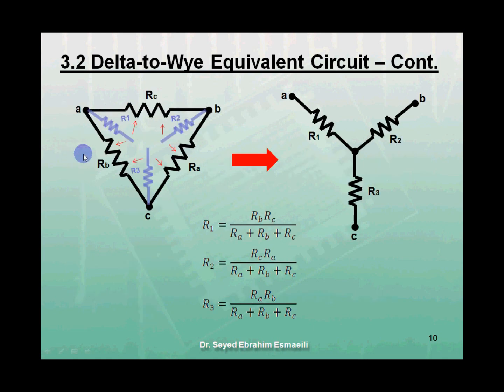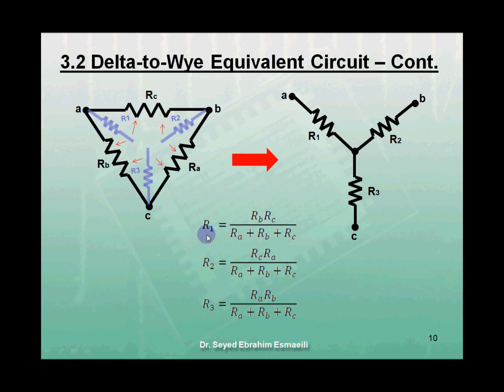In order to transform a delta configuration to a Y configuration, notice that each resistor in the Y configuration is equal to the multiplication of the two delta resistors connected to the same node over the summation of all the resistors.